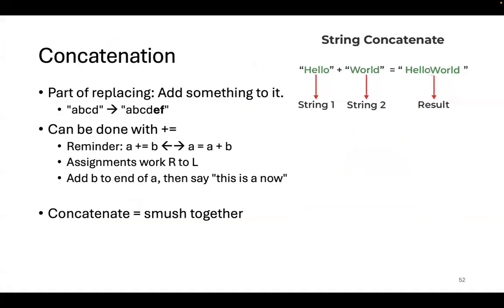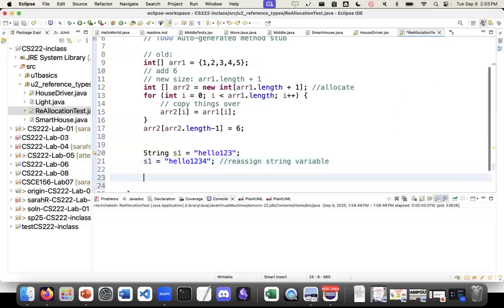We can also concatenate two strings. So we've done this with printing already, where if I have one string and then I say plus another string, then it smushes them together, doesn't add any spaces, and then we've got our result string. So let's do this in print. So if I print with a bunch of spaces, but then no space between these two hellos.